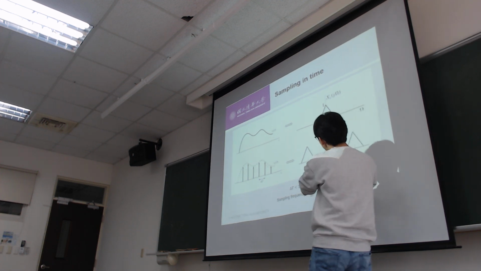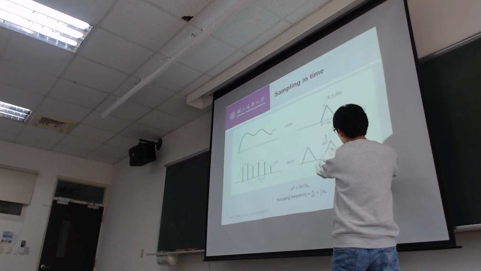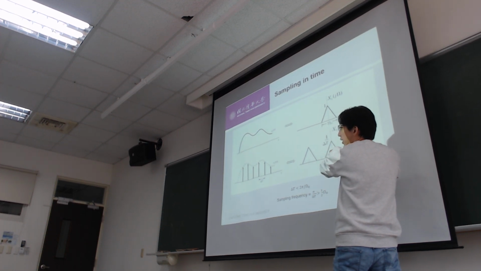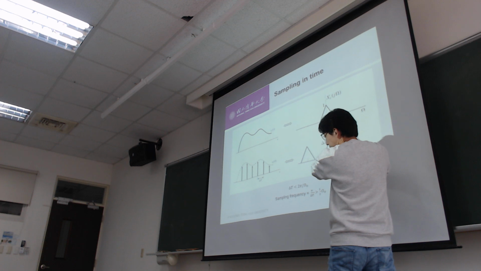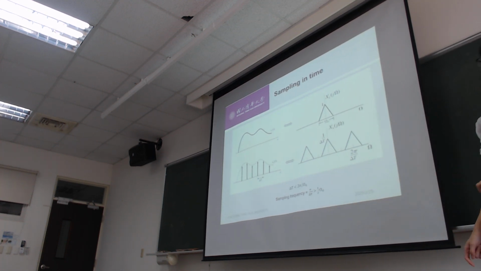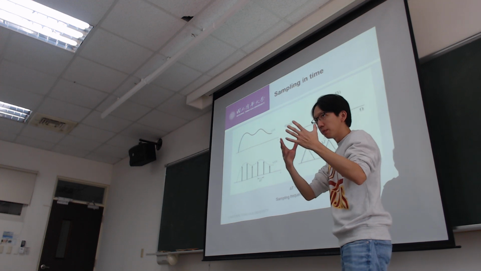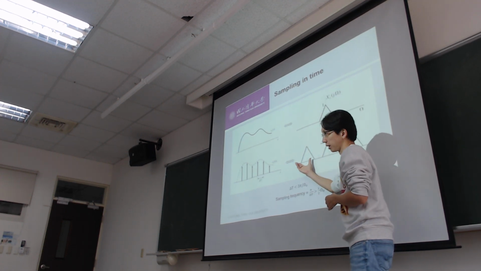If this thing is greater than pi over T, then it will alias, or merge together, and you don't have the original replications of the signal. So you have to be very careful. Once you sample the data, it creates a replication.